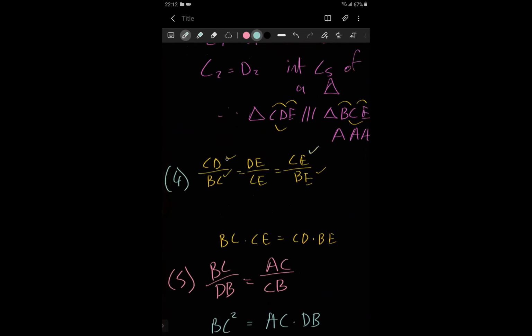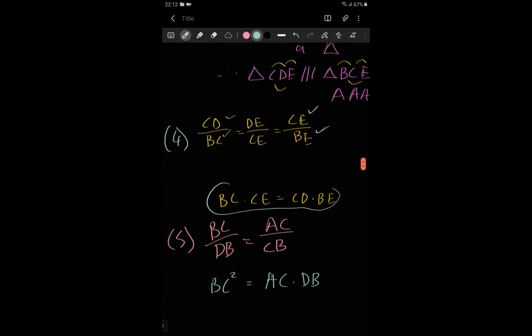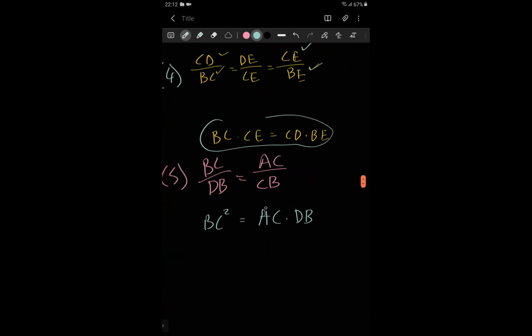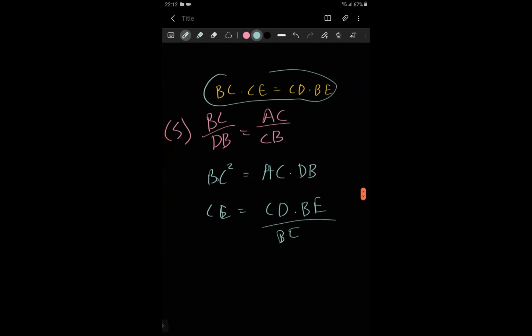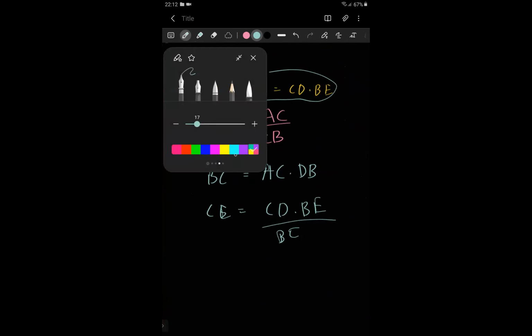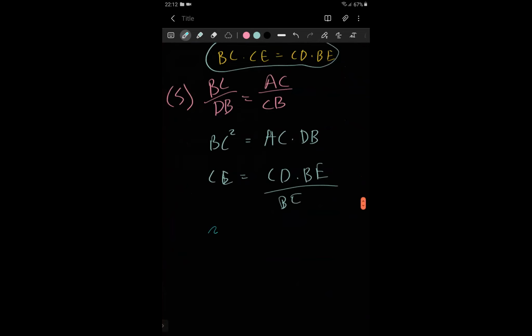Well, there's CD there. What can this get us? It's actually CE here. You're going to have CE equal to CD dot BE over BC.